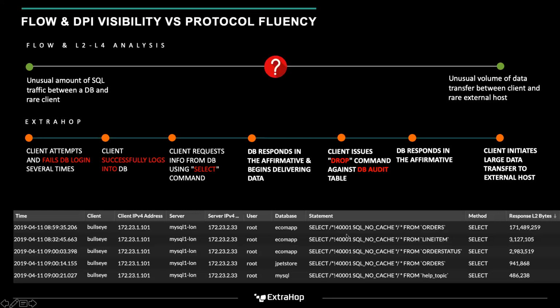Then after reading all of that data, if that was a bad guy, he dropped the table, which is basically dropping or deleting the information. He's wiping his footprint off. Yeah, and the database responds in the affirmative. And then the client initiates exfiltration of that information, which was visible as network bytes in, bytes out. So look at all of these tiers of information, which is left from a visibility from layer 2 to layer 4 perspective.